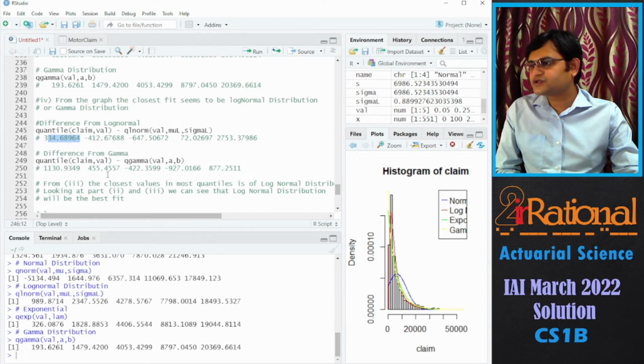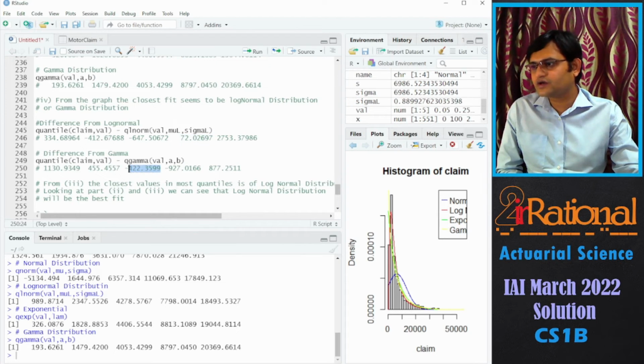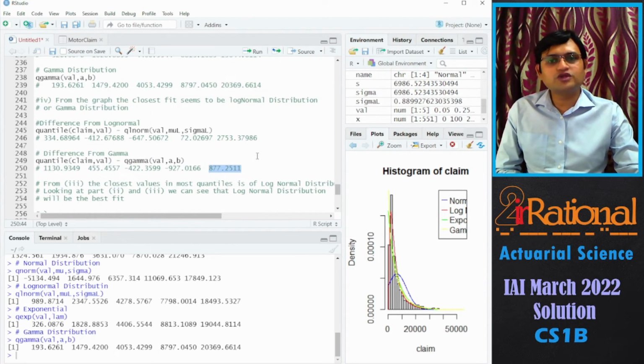For the first, second, and the fourth value, the log normal is definitely closer, but for the third and the last value, our gamma distribution is closer. Okay, so you might say both are nearly the same.